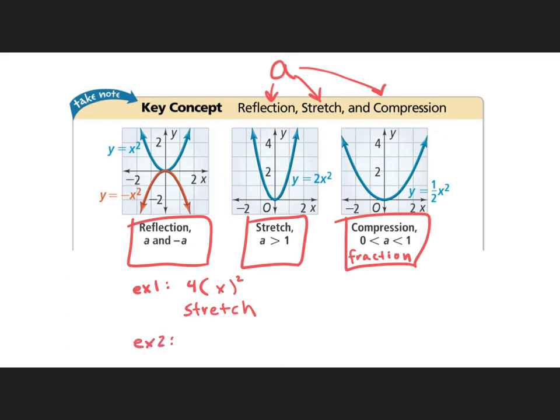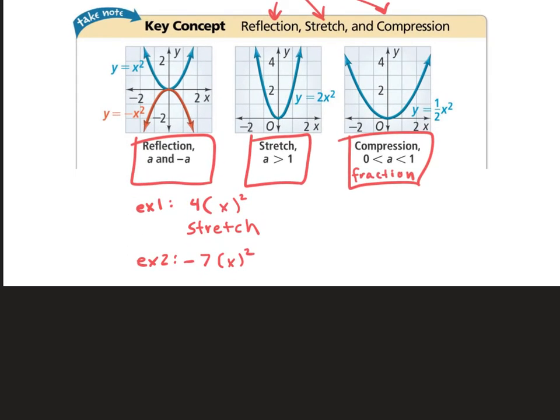I'm going to do another example here. So let's say this was negative 7x squared. So it's a reflection because it's negative. Once we say that this negative makes it a reflection, we only look at the number here to tell us if it's going to be a stretch or compression. So is 7 greater than 1?